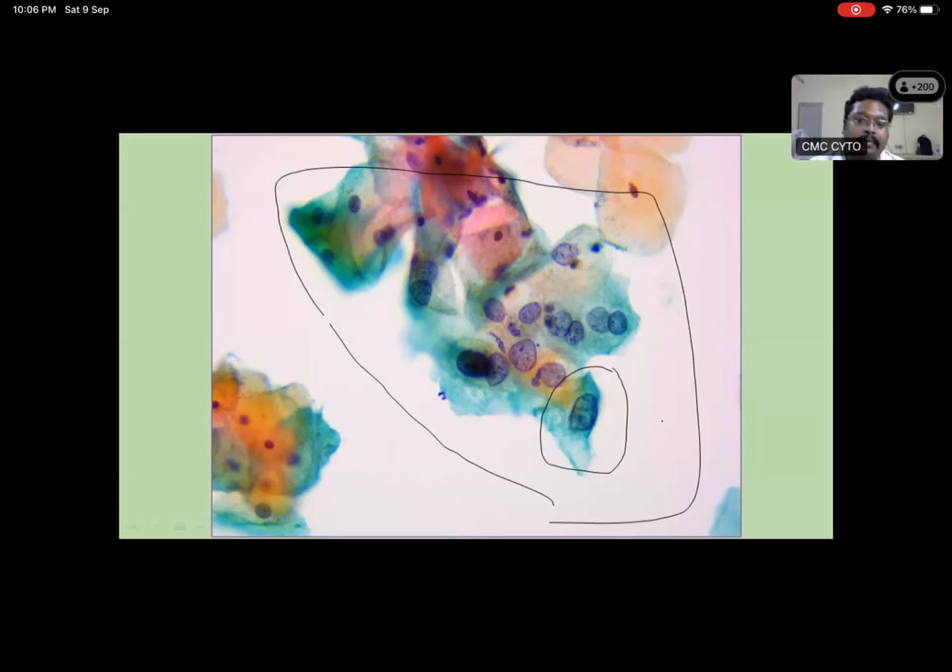And there is also a nucleoli in the center and lacy cytoplasm. Okay. So one thing, those are not nucleoli. There's just clumped chromatin in the cells. And what about this cell? So this is a binucleated cell. Okay. Binucleation we can see. Okay. Then anything else can you make out?